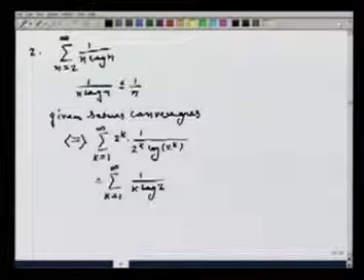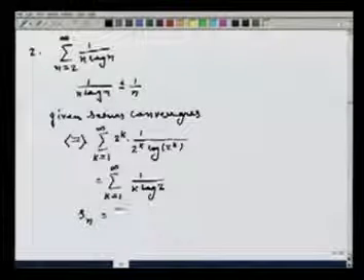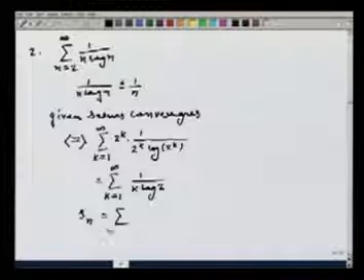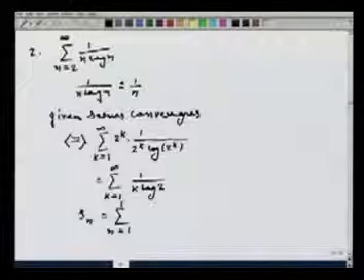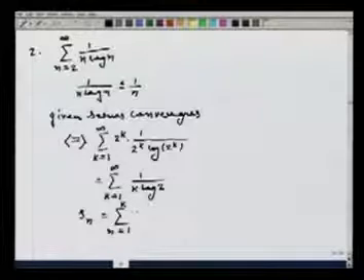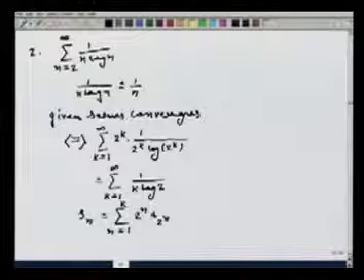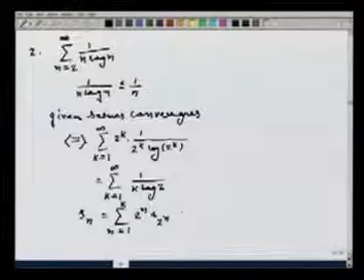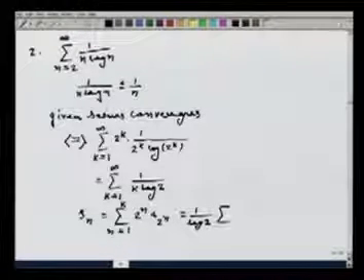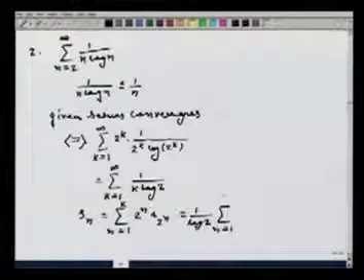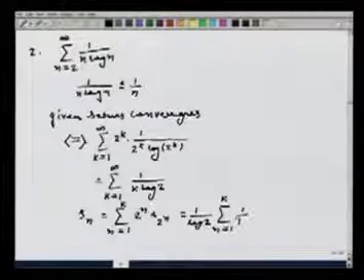Log 2 is a constant, so for any partial sum of this, let us be careful here, from our calculation we can see that this is the same as 1 by log 2 summation n from 1 to k of 1 by n.